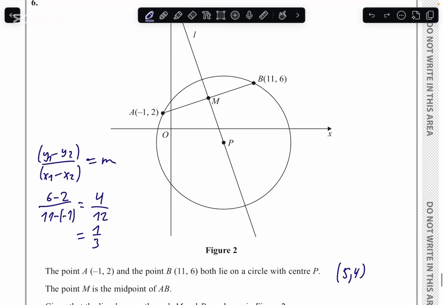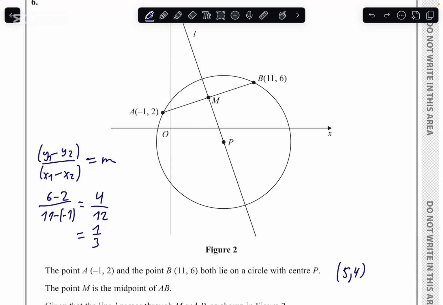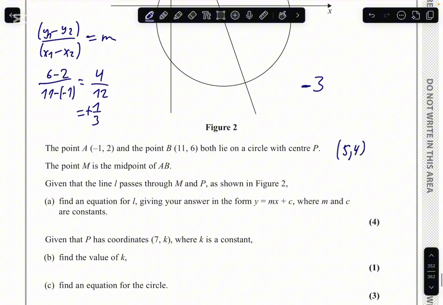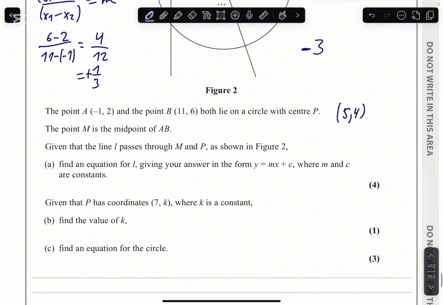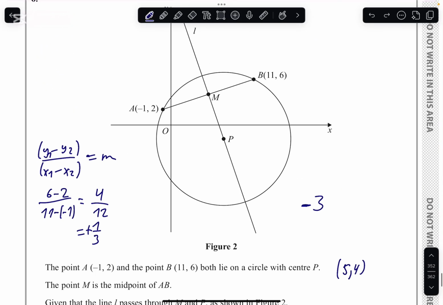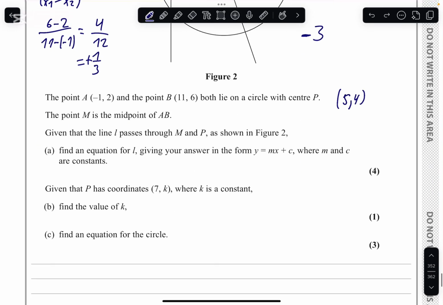The gradient of the line L is just, as we said before, the negative reciprocal. So this was positive, now we make it negative, and we reverse the denominator and numerator. So it's going to be -3 over 1, so just -3. Now that we have the gradient and a known point, we can find the y-intercept, c, easily.